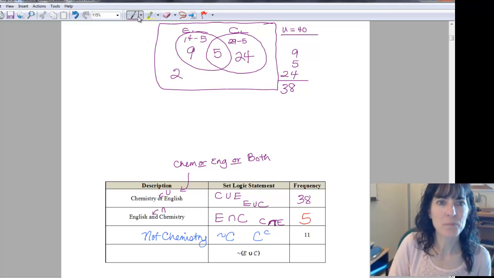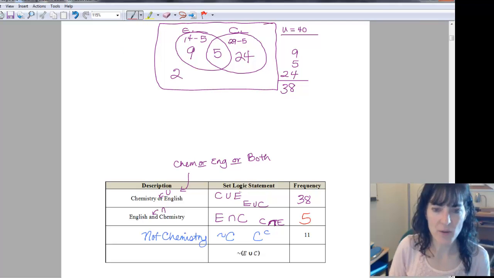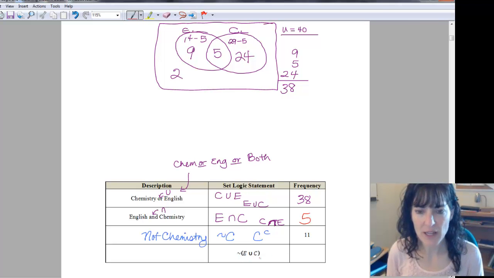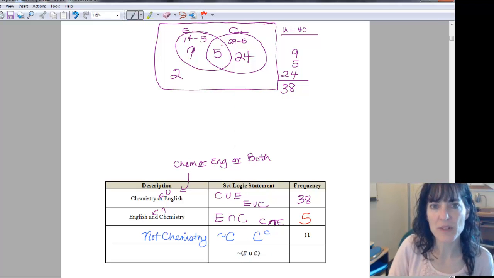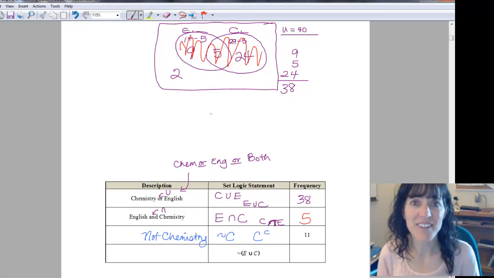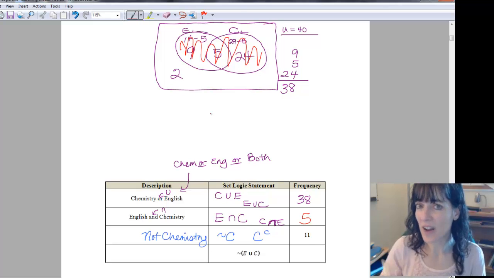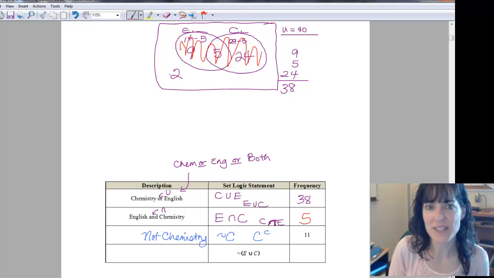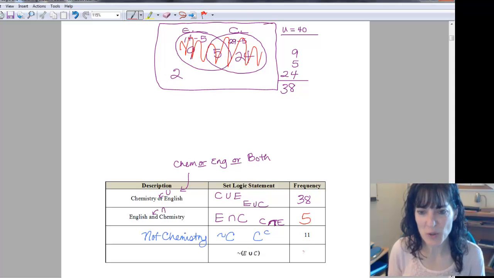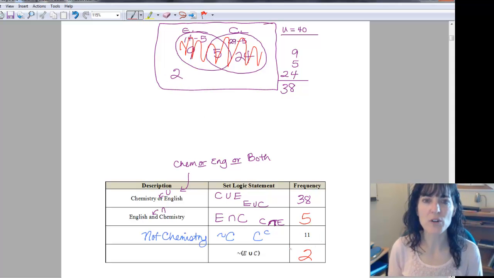There we go. So now this time I'm looking at E union C, and remember that was everything in here. That was this whole region here. And if I'm saying not the union, then it's everything outside that's not shaded at the moment. For the not shaded part, we can see right away it's just those two that are out there in the universe.